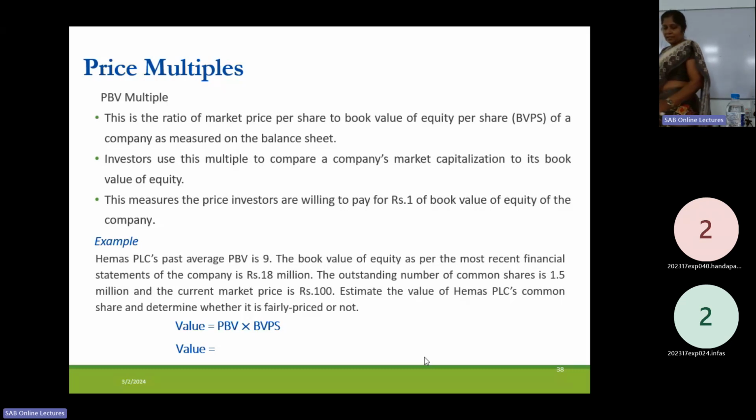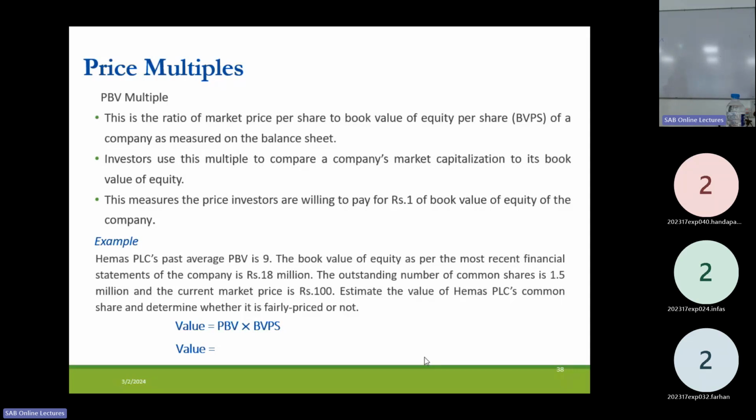For Hemas PLC, the past average price to book value ratio is 9. Price to book value per share ratio is 9 times for the Hemas company. Book value of equity as per the most recent financial statement of the company is 18 million. The outstanding number of common shares of the company is 1.5 million.